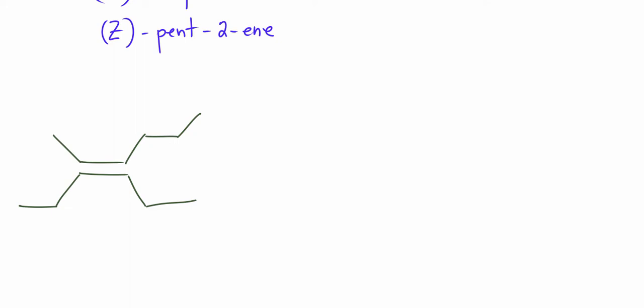This is an alkene that will have E or Z configuration. All right. This is a valid structure. This is something that you could see on the exam. So you want to apply the same methods.